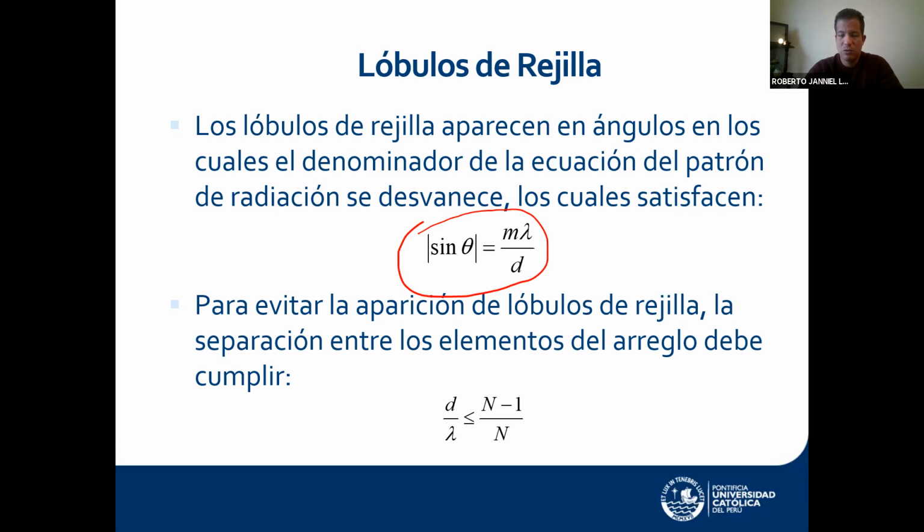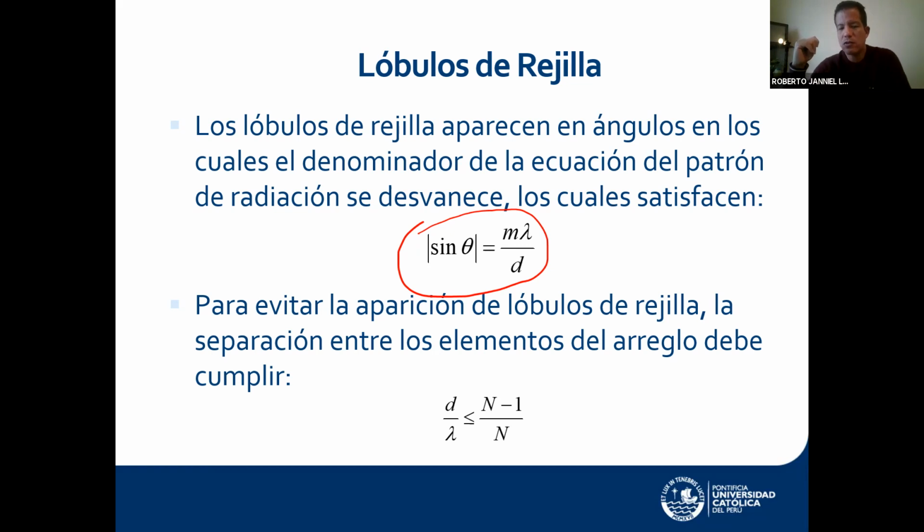Then you're going to have grating lobes at places where the sine of theta is equal to or larger than 1. And that in principle doesn't have a solution. Technically speaking, if you make lambda and d equal to each other, then yes, you will have one grating lobe at 90 degrees.